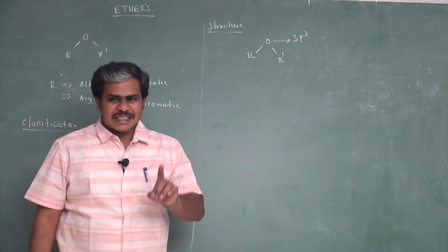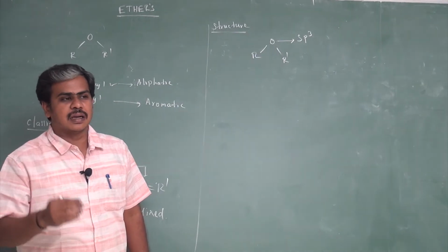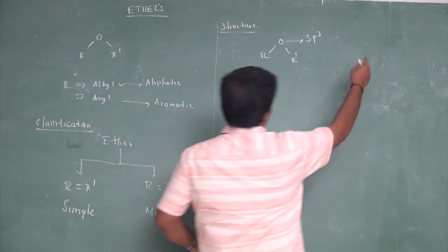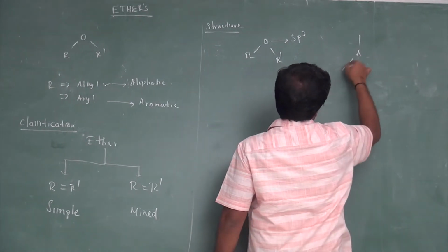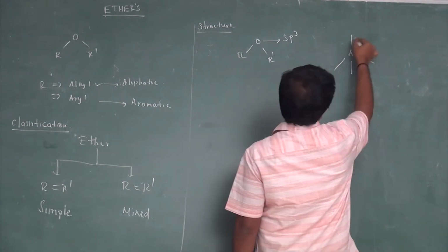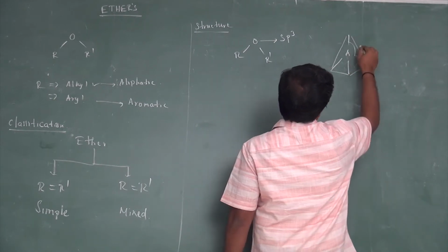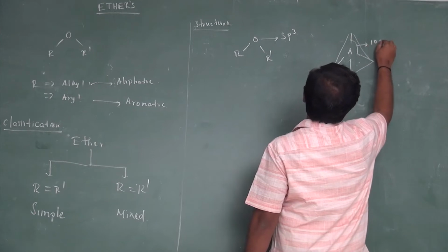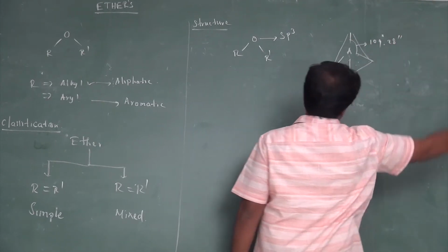If it is sp3 hybridization, then the shape is a regular tetrahedron. The bond angle is 109 degrees 28 minutes.